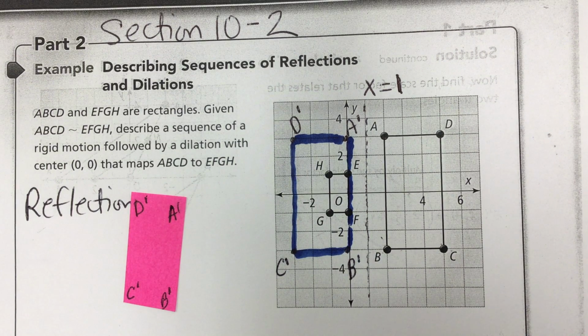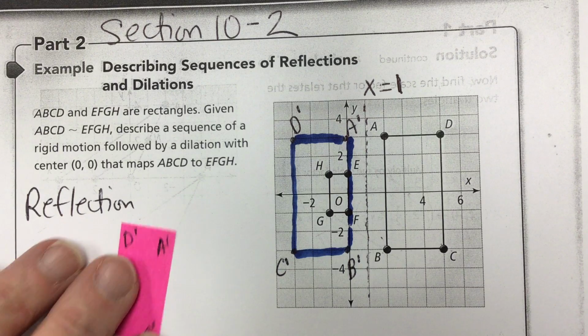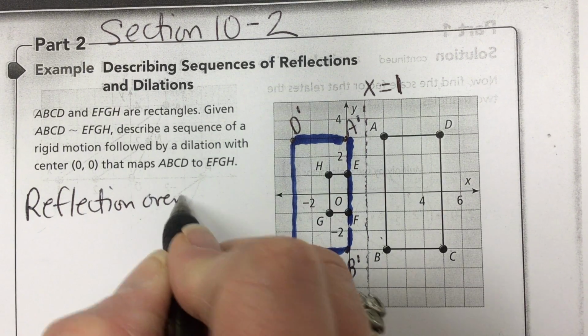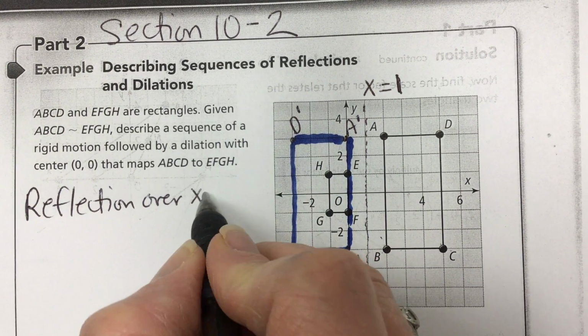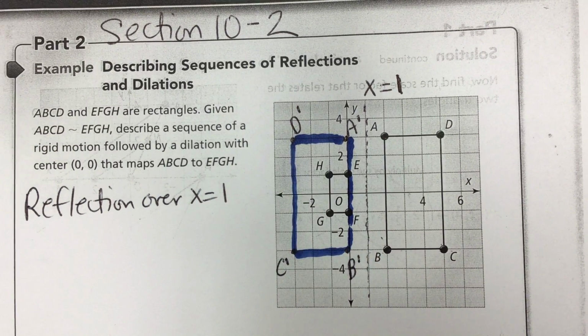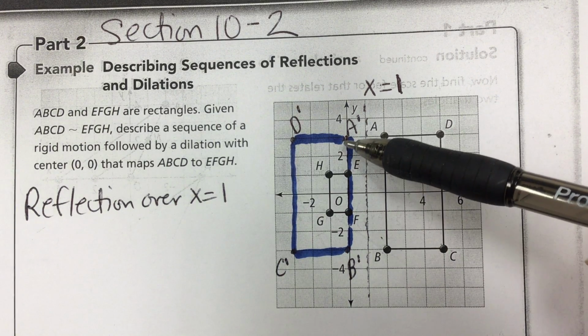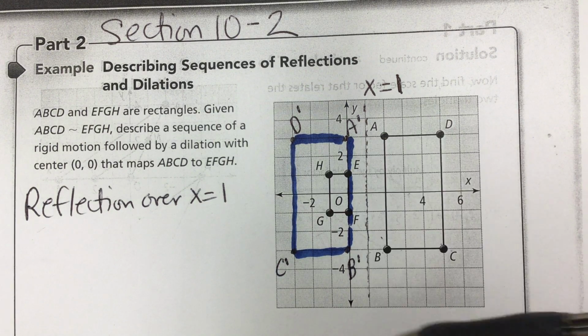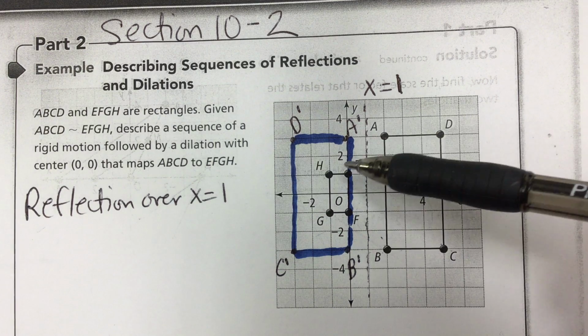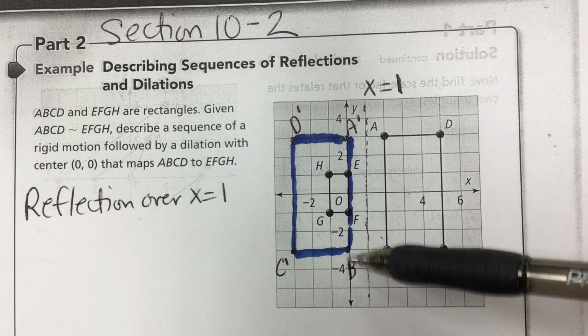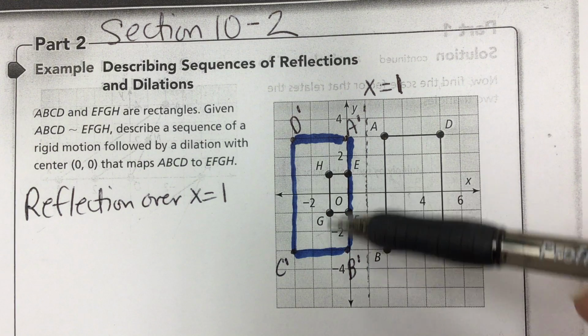Now I performed a reflection over the x equals 1 line of reflection. Now I can easily see that I've got to find the scale factor so that it would reduce my larger rectangle to the smaller rectangle.